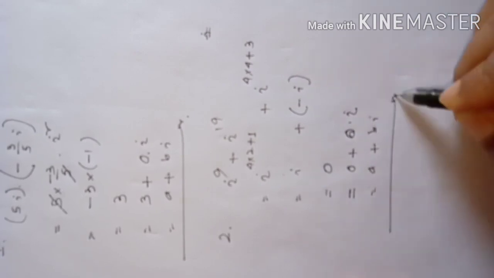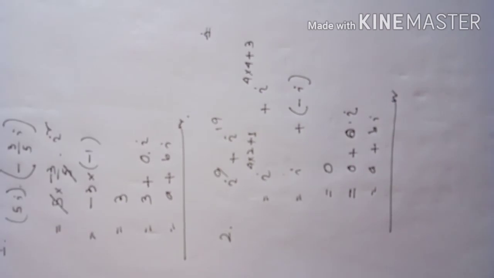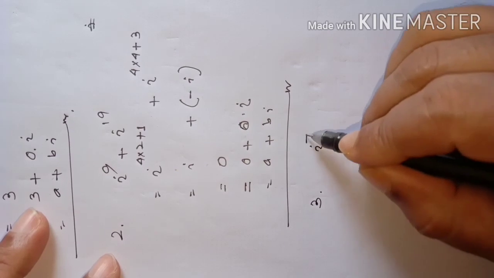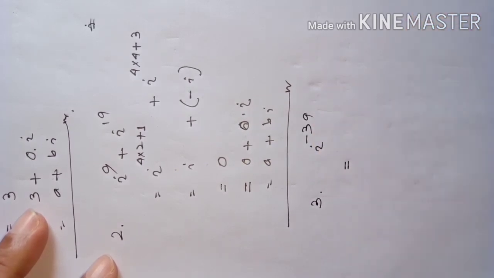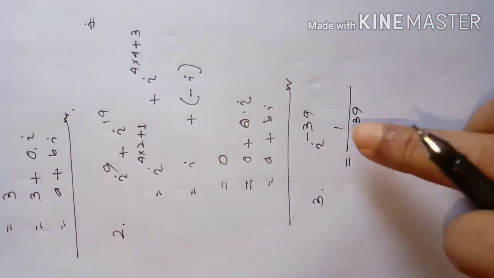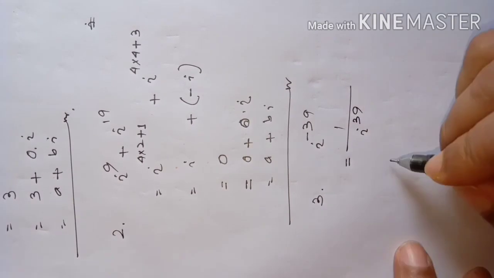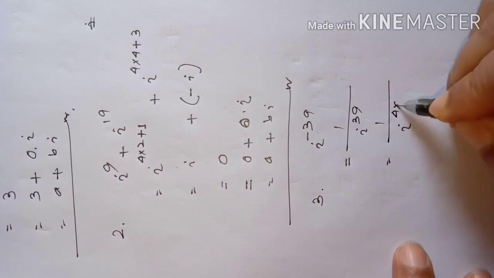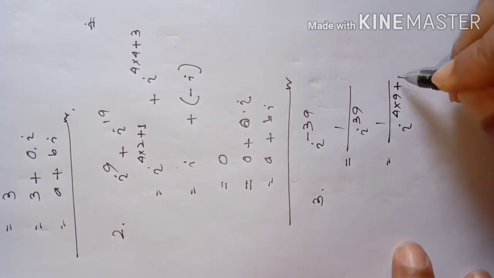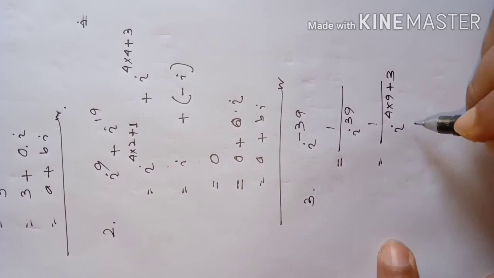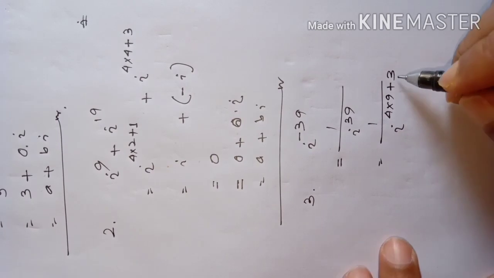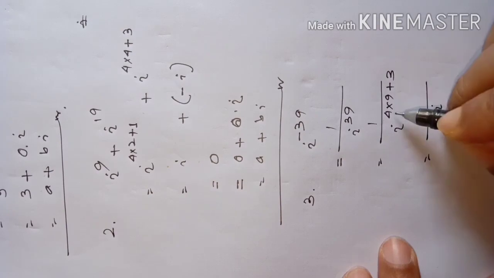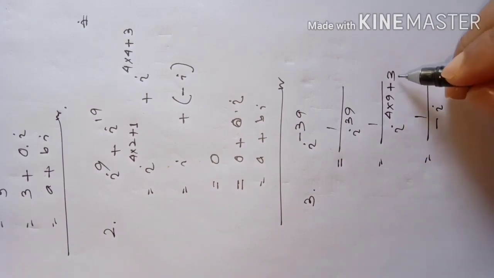Okay, dear students? So iota to the power of minus 39 is there. Third question, iota to the power of minus 39, which can be written as 1 by iota to the power of plus 39, and 39 can be written as 1 by iota to the power of 4 into 9 plus 3. Then if it is 4 into 9 plus 3, that means it will be minus iota. So 1 by minus iota, because it is 4 times 9 plus 3, where 3 is the remainder.